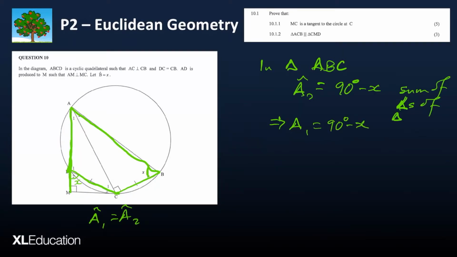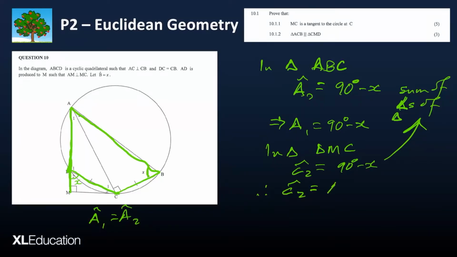Okay, and in triangle DMC, we can see that angle C2 is equal to 90 degrees minus x. Okay, and the reason there is the sum of angles of a triangle. Now therefore angle C2 is equal to angle A1, which is equal to 90 degrees minus x.